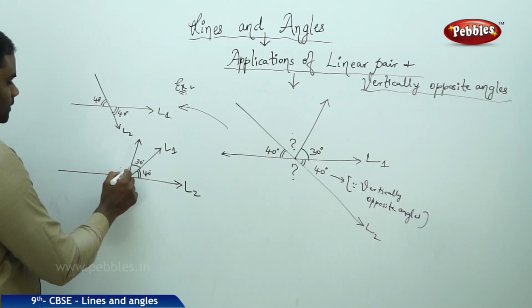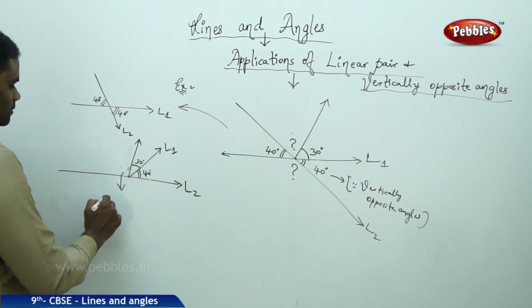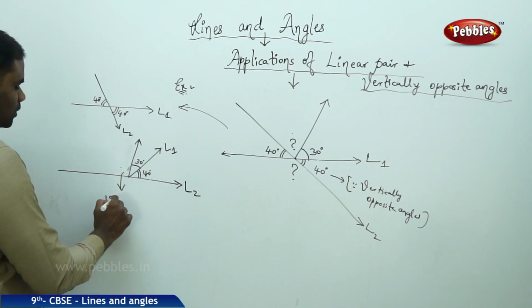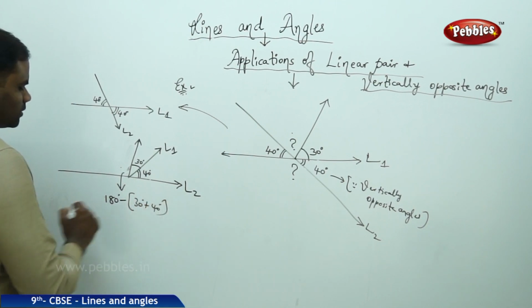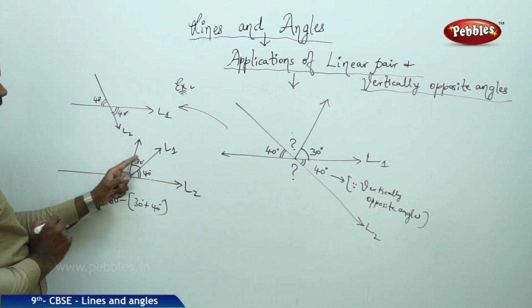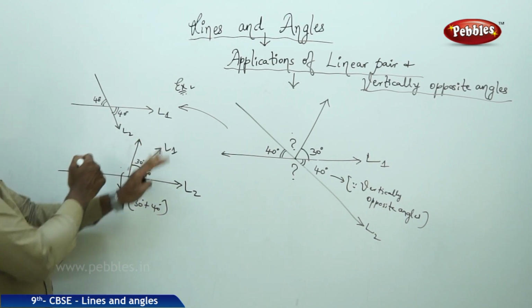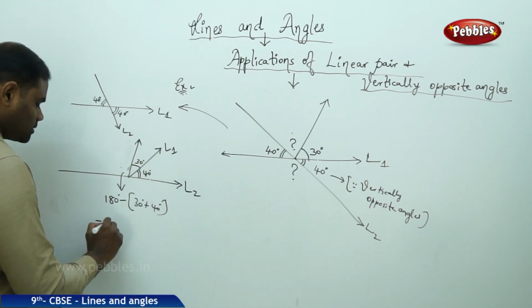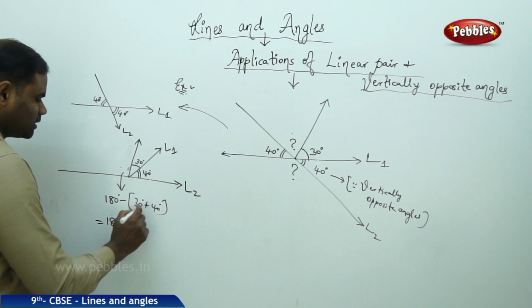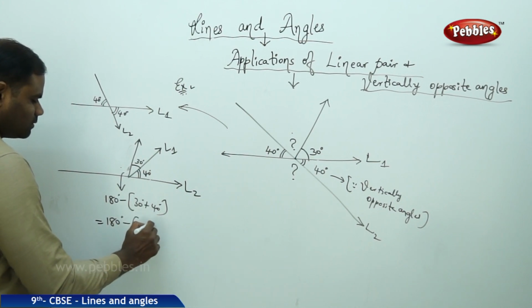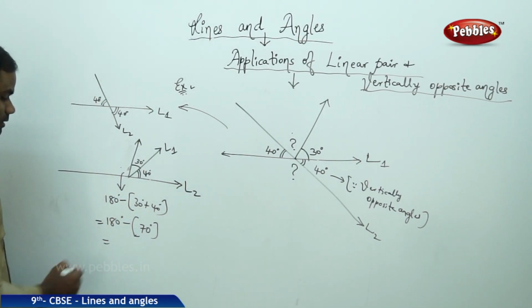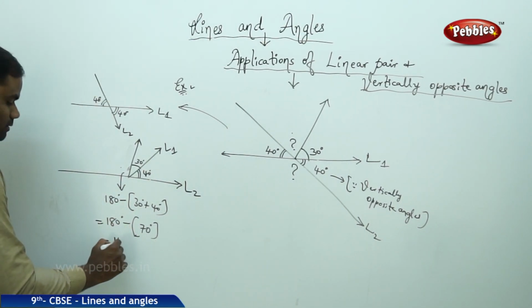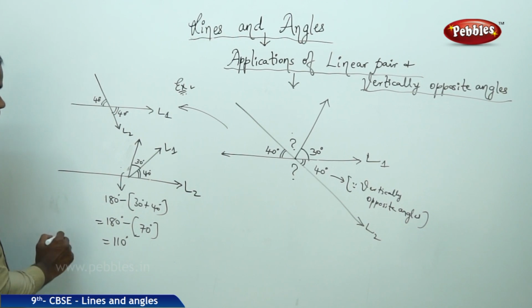Therefore, this angle will be 180 minus (30 plus 40), because the whole of 180 minus this gives me the required angle. On further simplification, 30 plus 40 is 70, and 70 subtracted from 180 is 110.